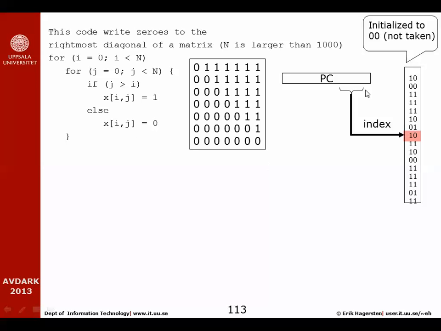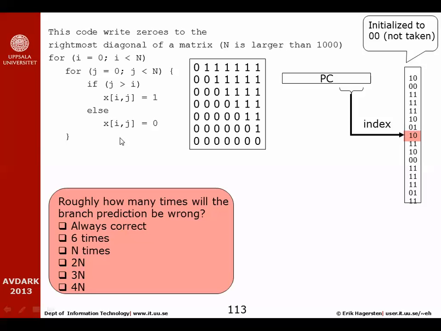We have the same kind of prediction here. We have 1, 2, and 3 conditional branches in this code, and we have some unconditional jump as well. So, of course, I have the same question: how many times, roughly, will the branch prediction be wrong here?